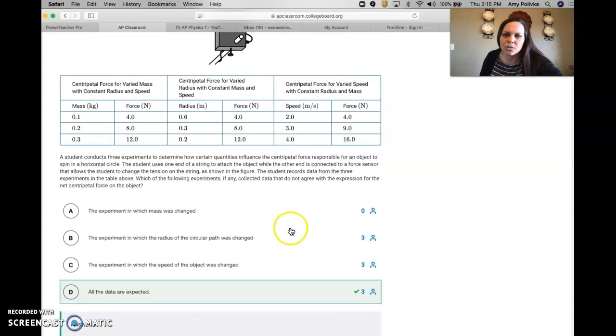Oh, your velocity. So that's your speed. And then we see speed is the constant in, oh yeah, here we go, varied speed. So when we look at all 3 of these, we just want to think about each data table separately.